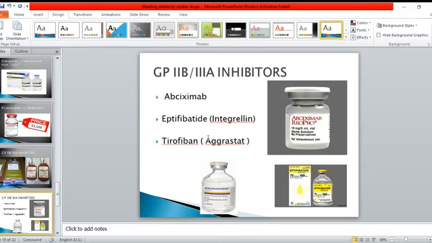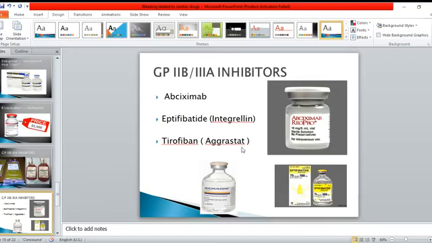Eptifibatide and tirofiban are small molecule receptor antagonists and have a quite short plasma half-life, maybe just something like 2 hours.